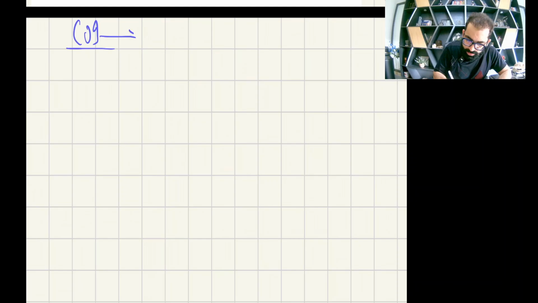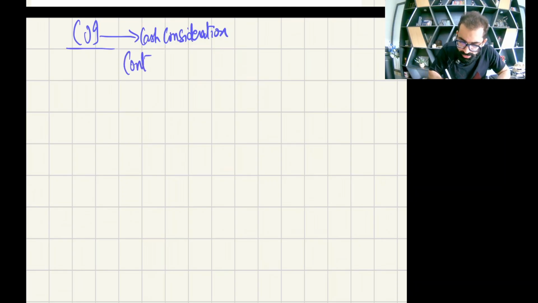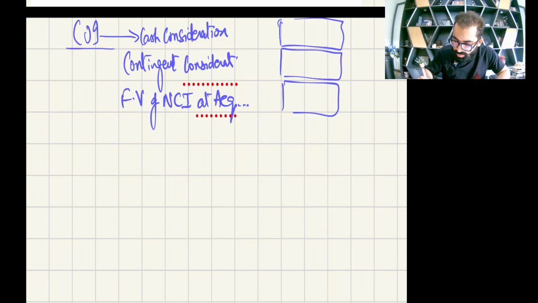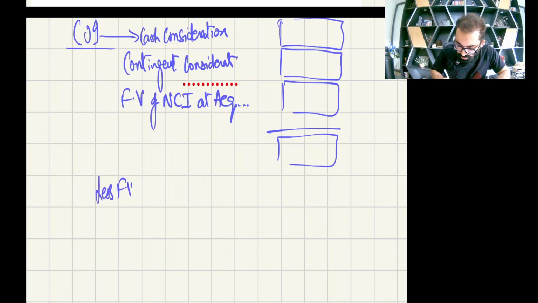In COI, in this question there is cash consideration, then you have contingent consideration, then fair value of NCI at acquisition, remember? Finally you will deduct the fair value of net assets of S company.